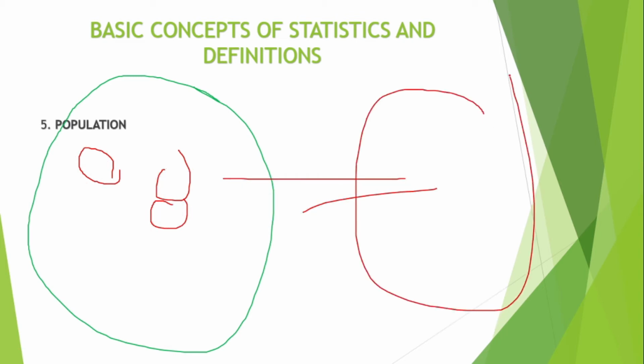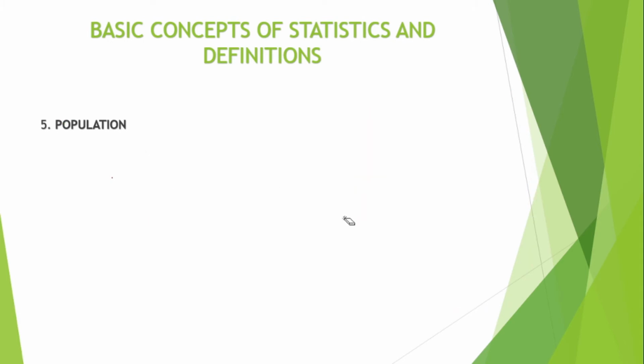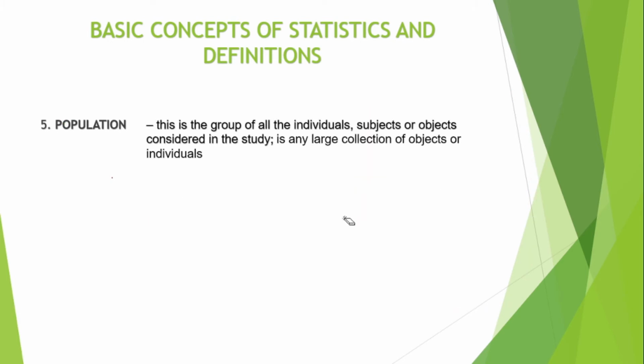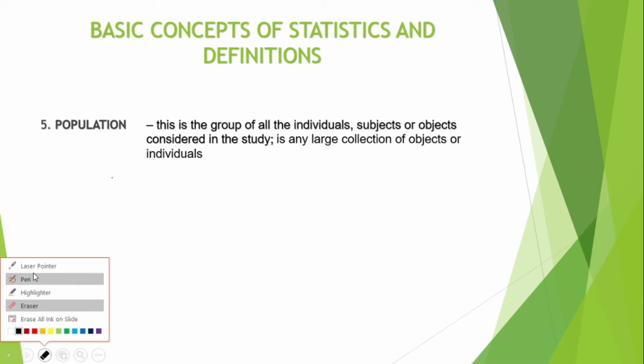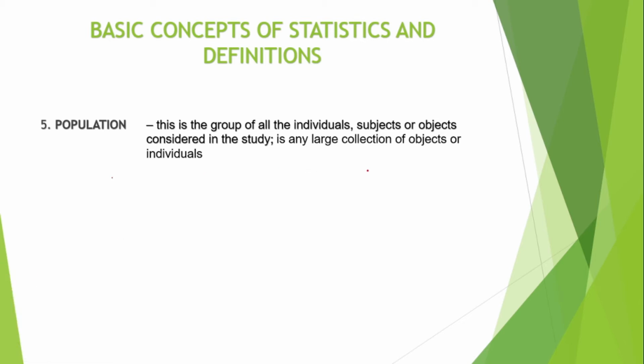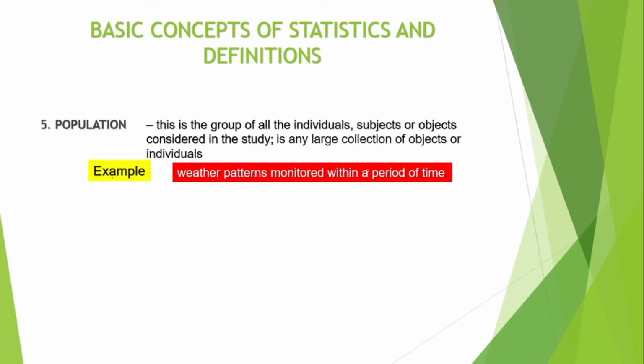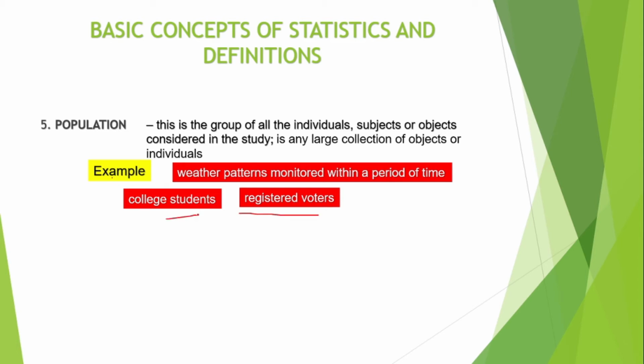So the definition of population: this is the group of all individuals, subjects, or objects considered in the study. Any large collection of objects or individuals. Example, weather patterns monitored within a period of time, college students, registered voters. So college students and registered voters are some examples of a population.